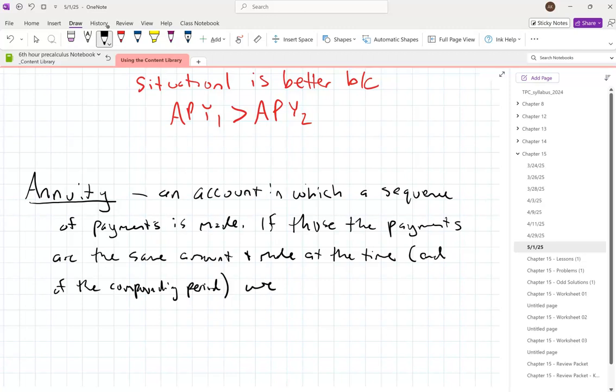I'm sorry, an ordinary annuity, excuse me. And that's all we're going to be dealing with in this class, are ordinary annuities.